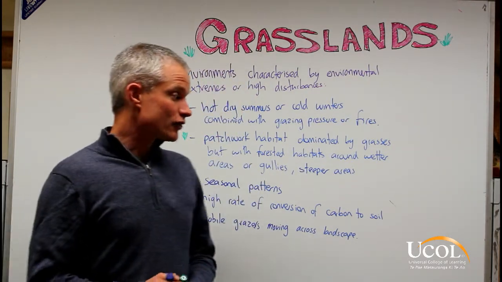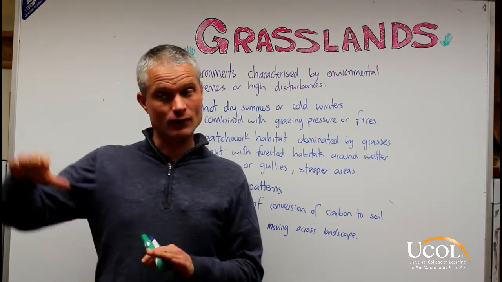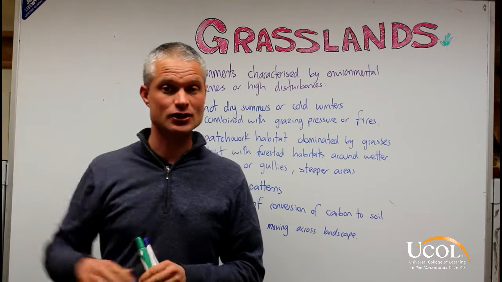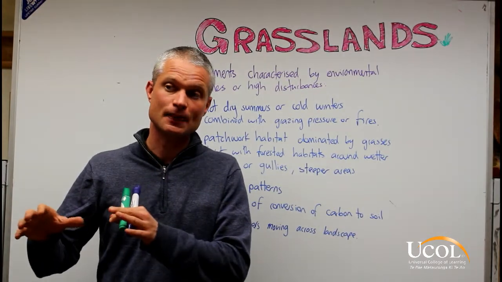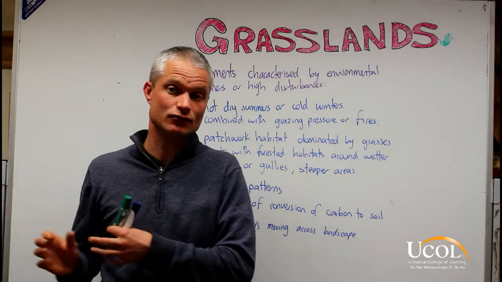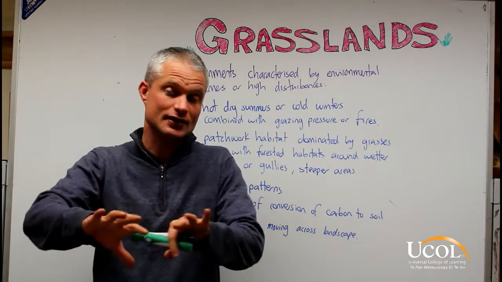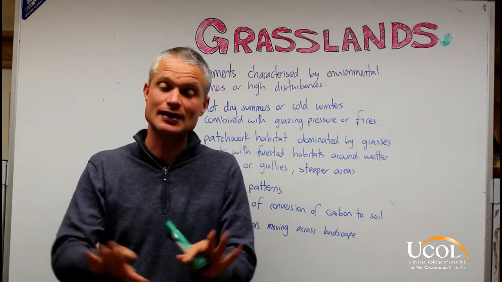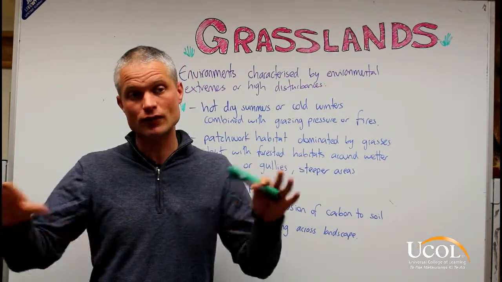And you also get forested habitats too, so often in the gullies of those habitats, or where it gets steeper and the grazing pressure is less, or it's wetter, so you might get trees forming around little pond areas or streams or rivers, or areas where water's collected, or just wetter areas in the habitat, such as the gullies of a more mountainous or just rolling terrain.